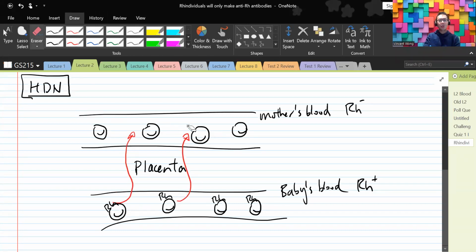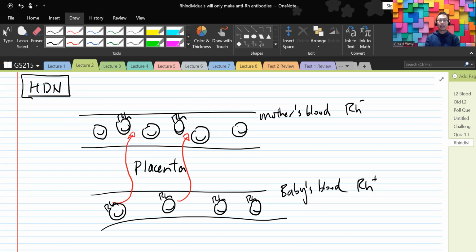Okay, so now you have the baby's RH positive cells in the mother's bloodstream. That causes the mother to become sensitized. What that means is her immune system is going to get triggered, and she will start to make anti-RH antibodies.